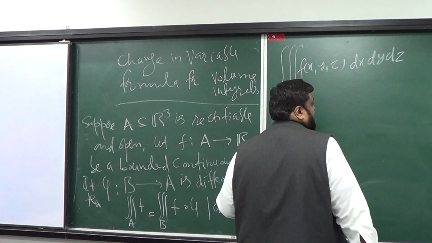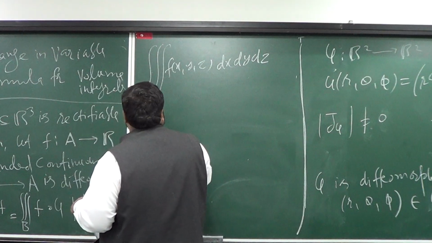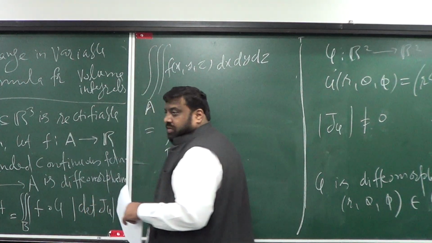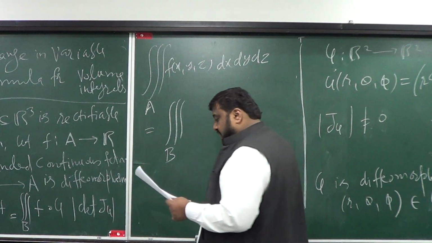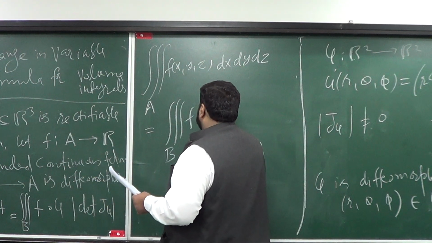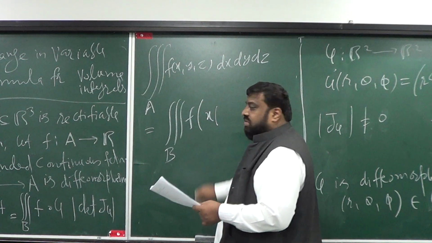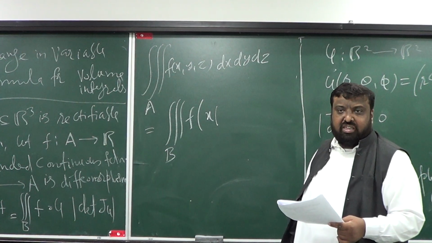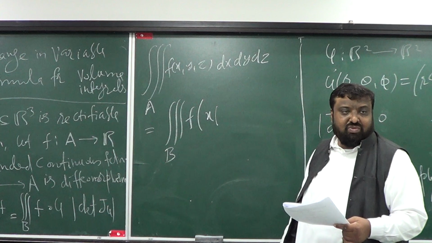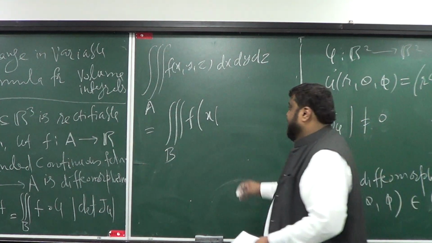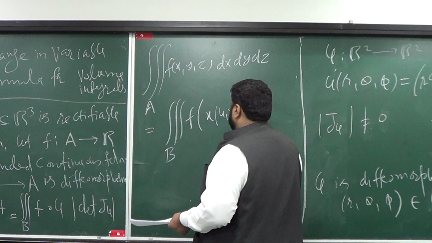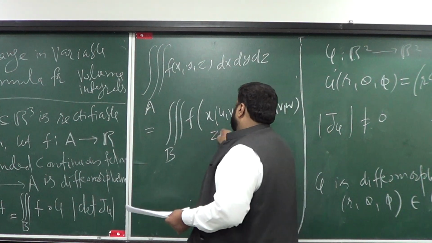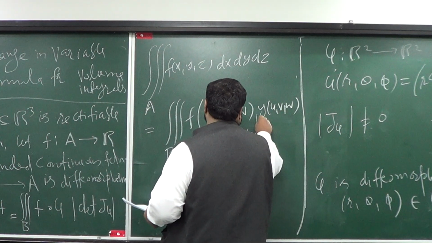And this should be equal to the triple integral over B of f of x, but the x now depends on u, v, w. Like r, phi, theta is one example, r, theta, z is one example. So you're going to have a generic transformation: x is a function of u, v, and w, y also u, v, and w, z also u, v, and w.